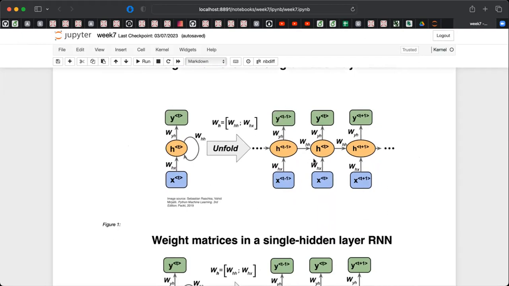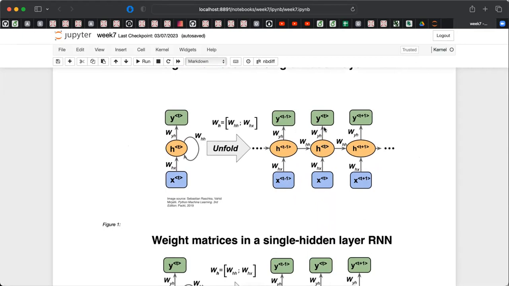So you need to train weights now. We have weights which connect the previous hidden layer with a new one. You have weights which connect the inputs with the hidden layers.